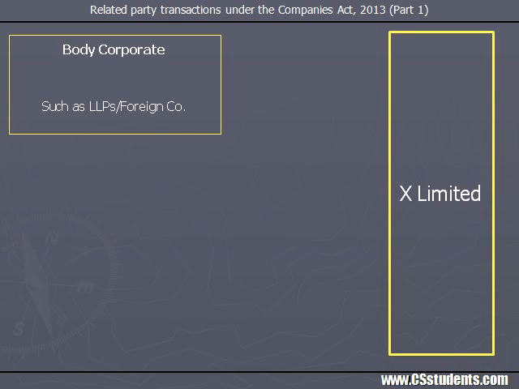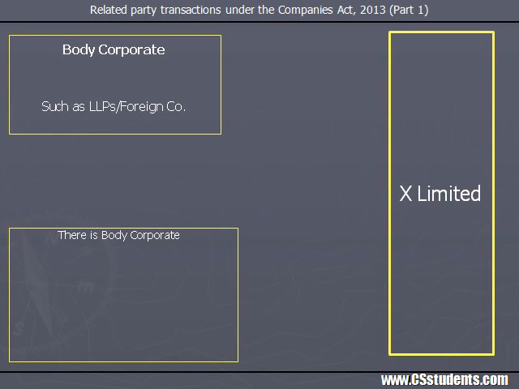To explain, any body corporate would also have its decision-making body. It could be its board of directors, or any committee of members, or any managing committee, or that body corporate may have a managing director or a manager for its decision-making.